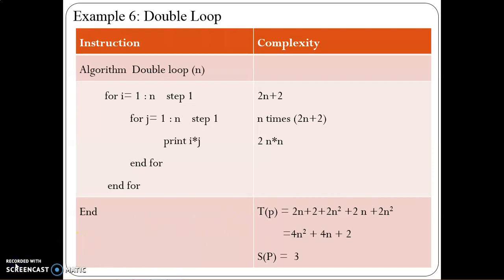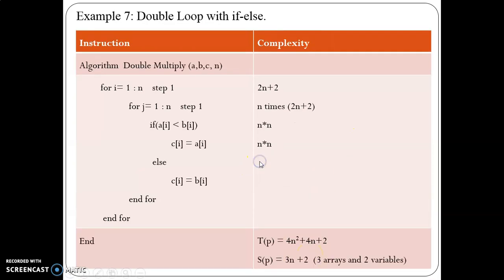So this is how we will calculate the complexity for a double loop, and the space complexity of this algorithm is, how many variables are there? There is n, i and j. Therefore the space complexity is 3 variables.